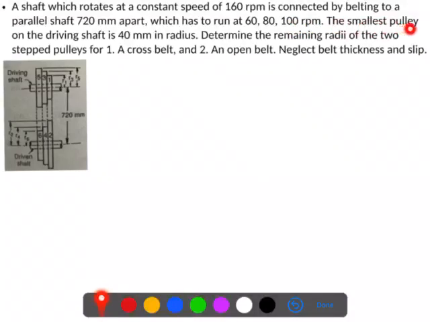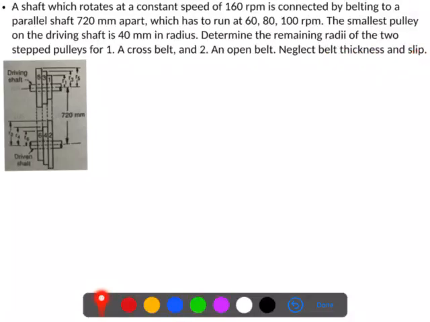The smallest pulley on the driving shaft is 40 mm in radius, that is smallest pulley R1. Determine the remaining radii of the two step pulleys, first for a cross belt drive, and second for an open belt drive, neglecting belt thickness and slip. So we are considering that the belt thickness is 0 and there is no occurrence of slip.